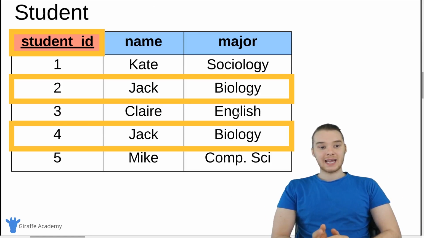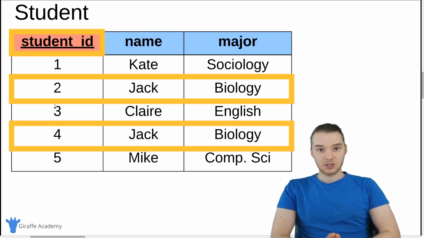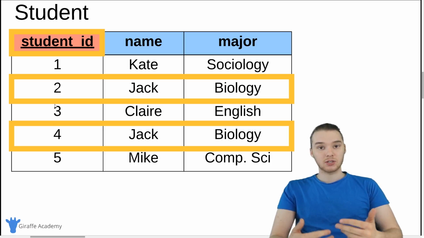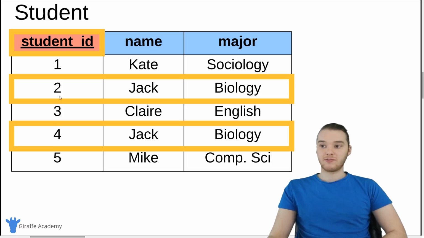Whenever we're creating a table in a relational database, we always want to have one very special column, which is called the primary key. And a primary key is basically an attribute which uniquely defines the row in the database. So it's an attribute about a specific entry which will uniquely define it. So over here we have student ID, and you'll notice that I colored this in red and I also underlined it.